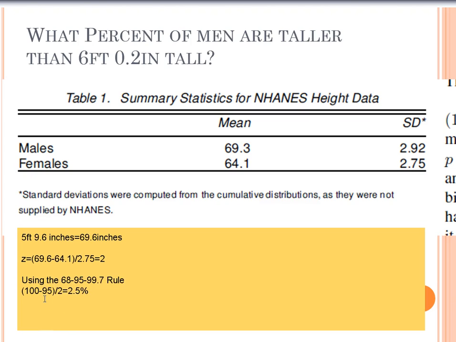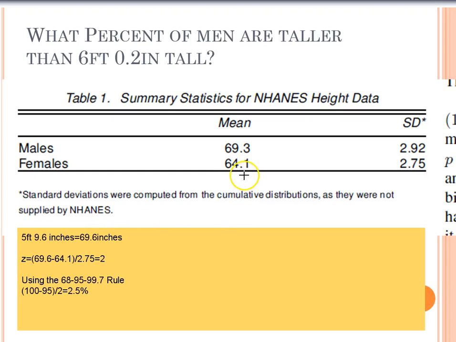So let's try a similar problem, but for the women. So now we're going to focus on the summary statistics of the women, these two numbers. And we're looking at specifically what percent of women are taller than 5 feet 9.6 inches tall. So again, we're going to convert that into just inches, so that's 69.6 inches, and compare that observation to the rest of the population.